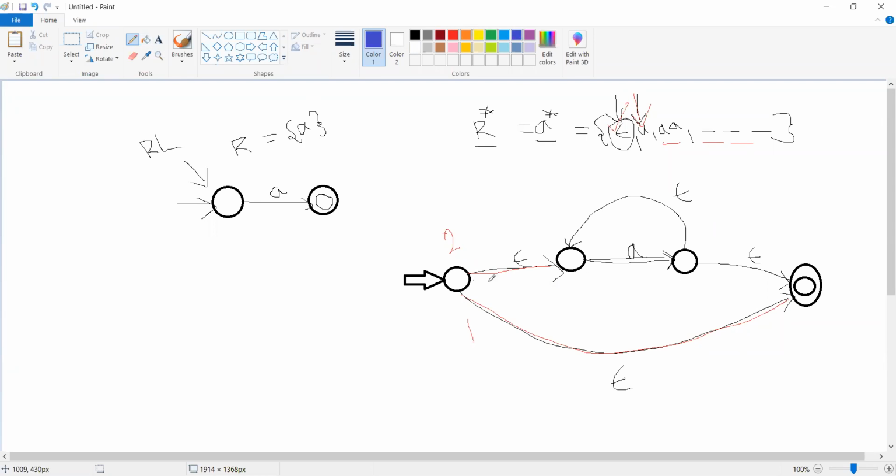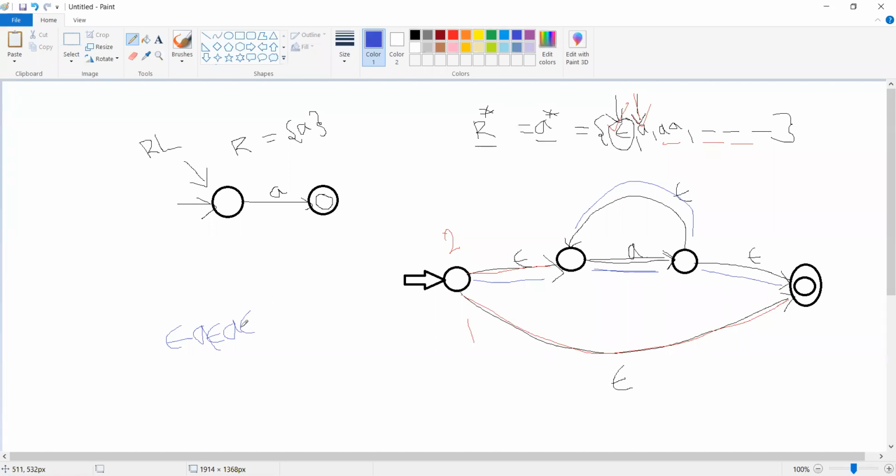Now let us observe. Initially we'll start with the epsilon. Okay, so we'll write epsilon over here. Then we'll read a small a. Then again we go for epsilon, read epsilon, again read small a, then go to the final state by reading epsilon.